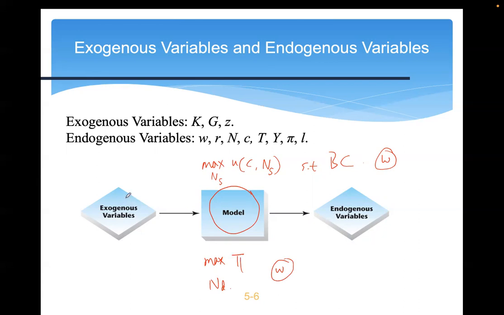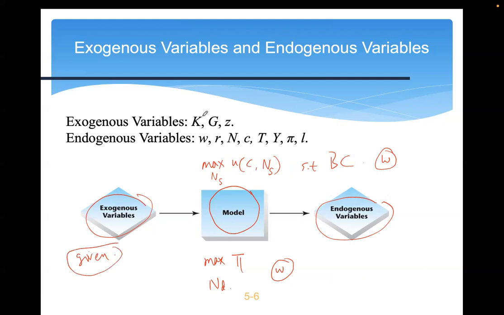But furthermore, we can look at the flow of this model. You have some exogenous variables and some endogenous variables. What are the exogenous variables? Exogenous variables are what you feed into this model. They are given, provided, you take them as given.